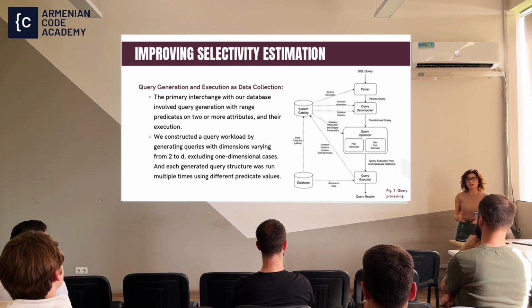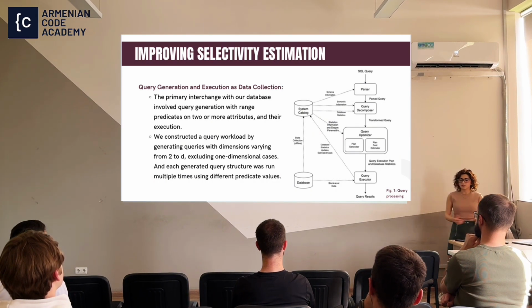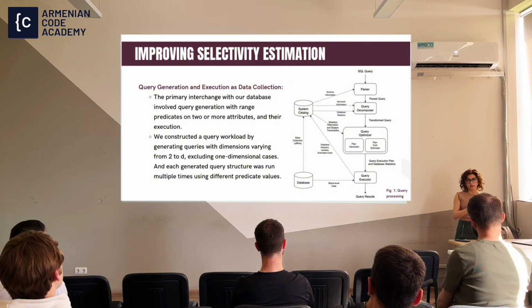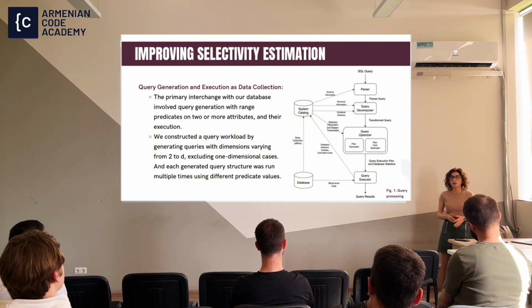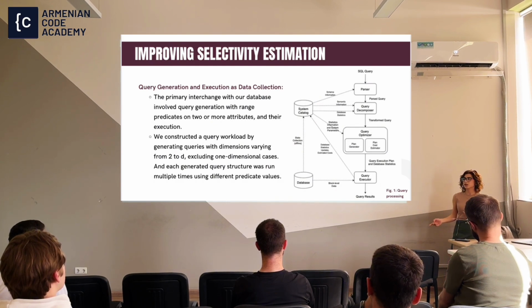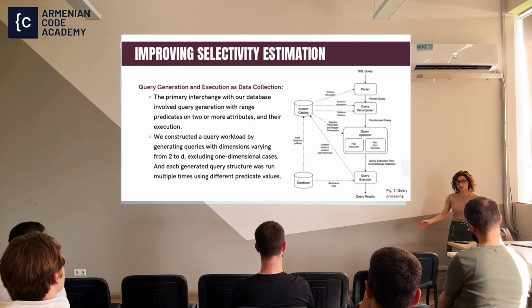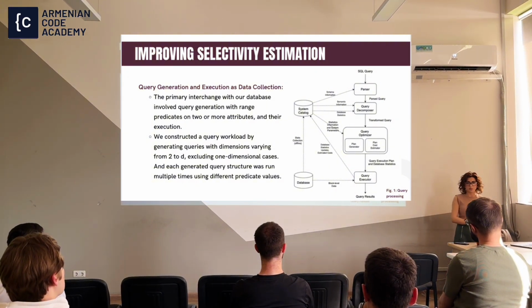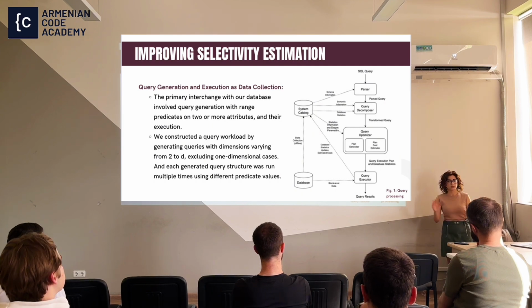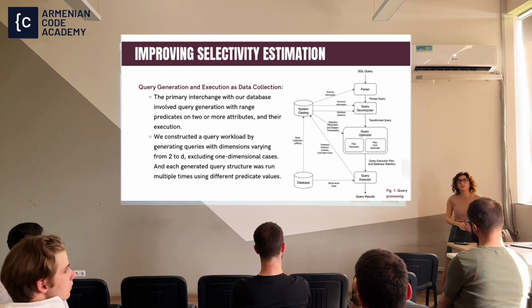So what we did was multiple query generation, and imagine we had lots of queries which involved multiple predicates. So we excluded the one-dimensional case, because for one-dimensional, linear regression works fine, so we were concentrating on multi-dimensional. We constructed a query workload by generating queries with dimensions varying from 2D to ND.